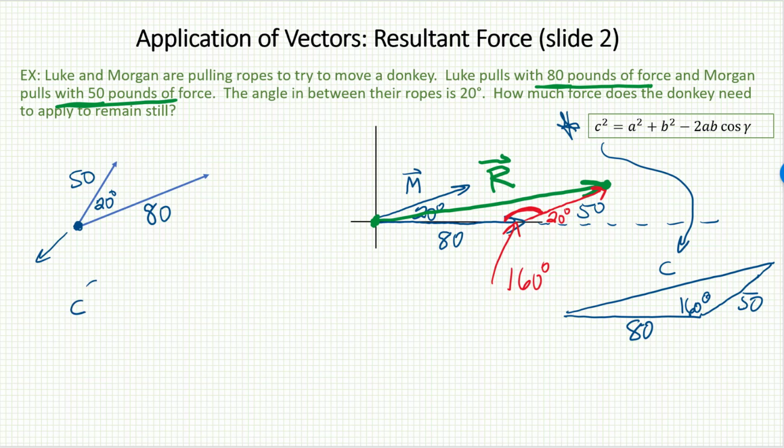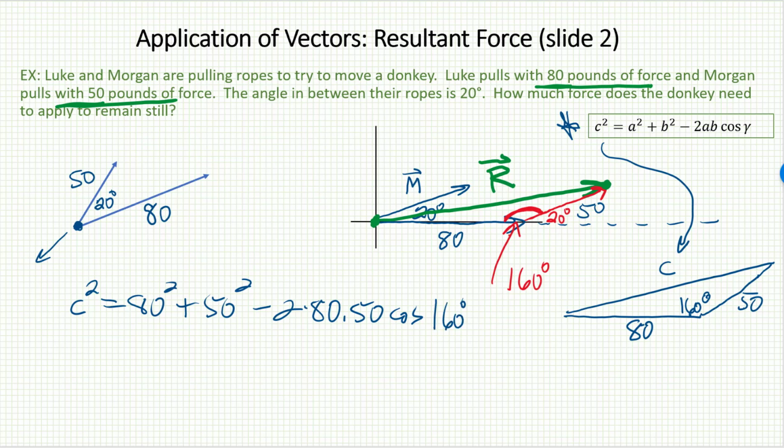I have, according to the law of cosines, C squared is 80 squared plus 50 squared minus 2 times 80 times 50 times the cosine of the angle in between, which we have discovered is 160 degrees. All I have to do to find C is square root each side. Now, I could clean up the pieces in there first if I want, but the calculator's not going to care.